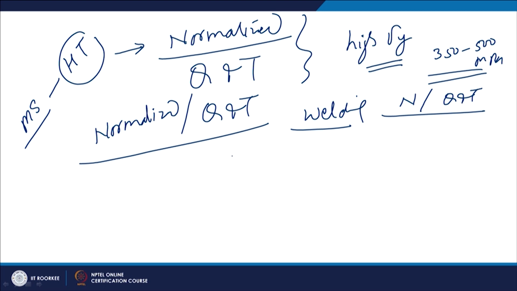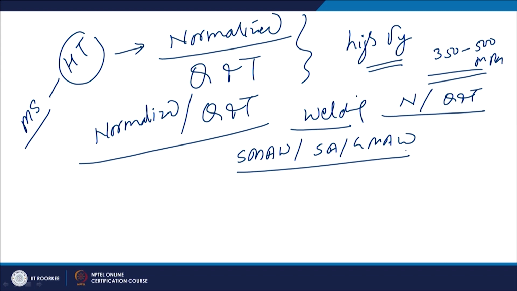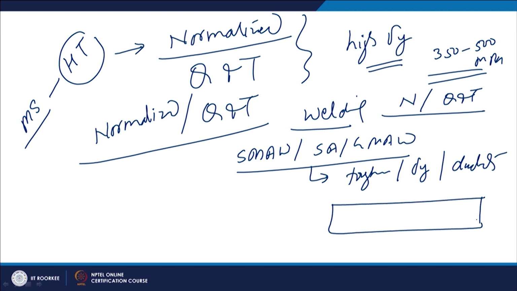Normally, all standard welding procedures like SMAW, SAW or GMAW welding of such steel can be performed without any special precaution, because it offers a reasonably good combination of toughness, yield strength and ductility, and the properties in the weld, heat affected zone and the base metal are almost similar.